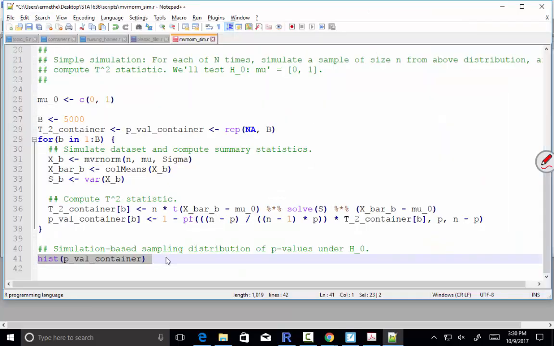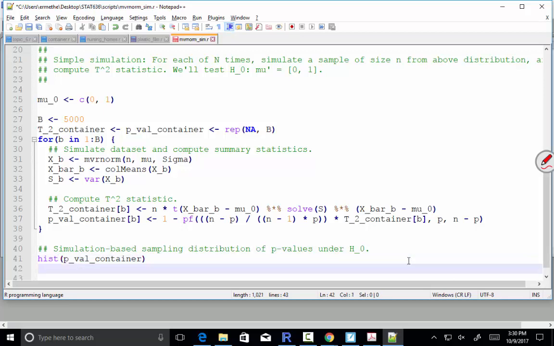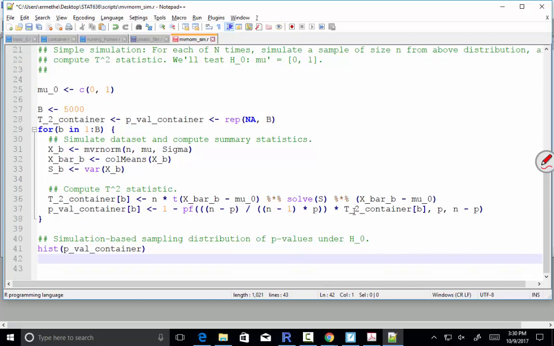So your problem might be to do a multivariate normal simulation like this, compute t-squared statistics and their p-values, and then answer for me, based on your simulation, what's the probability that you would see a p-value less than 0.05?